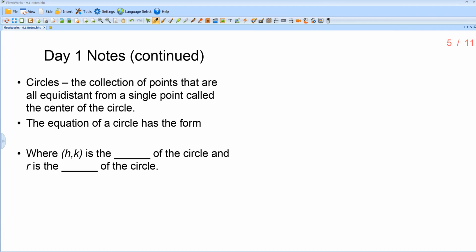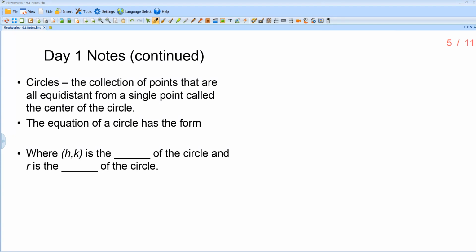So first one that we're going to talk about, totally not new, circles. When we talk about a circle, I know you know what a circle is, but really what it is is the collection of points that are all equidistant from a single point called the center of the circle. Now, that's not new to you, but we're going to sort of use that theme of equidistance to talk about things like parabola, hyperbola, ellipses.